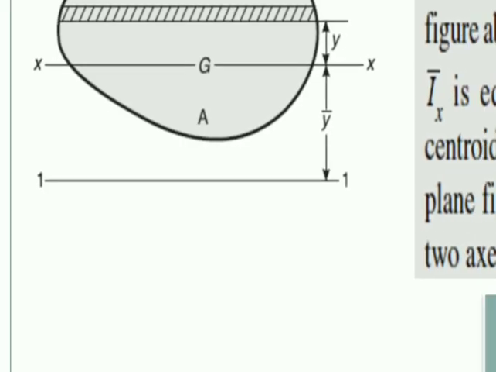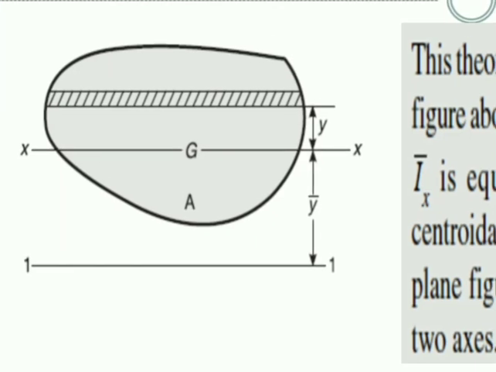So here we have taken an irregular shaped figure of area A. The centroid of the figure is located on the x axis and is marked with the alphabet G, that is CG. So we have used the notation G. Now in this figure, XX is our centroidal axis.